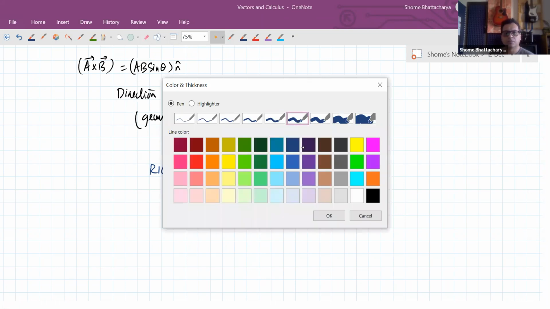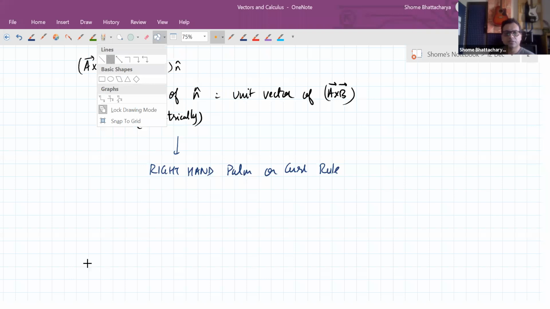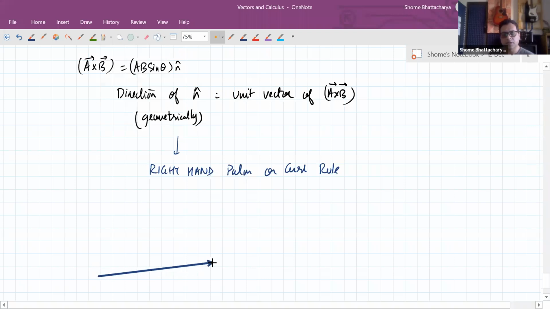Okay. So that is something like this: if we are calculating A cross B and geometrically the two vectors A and B are like this.